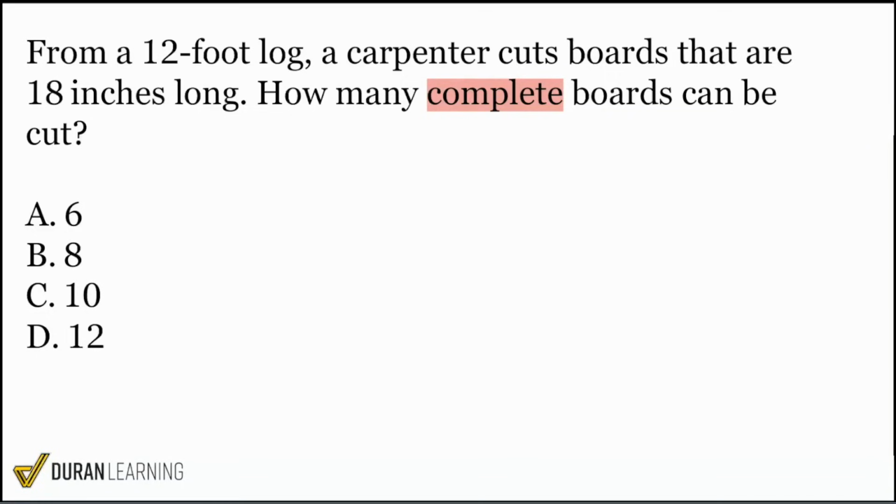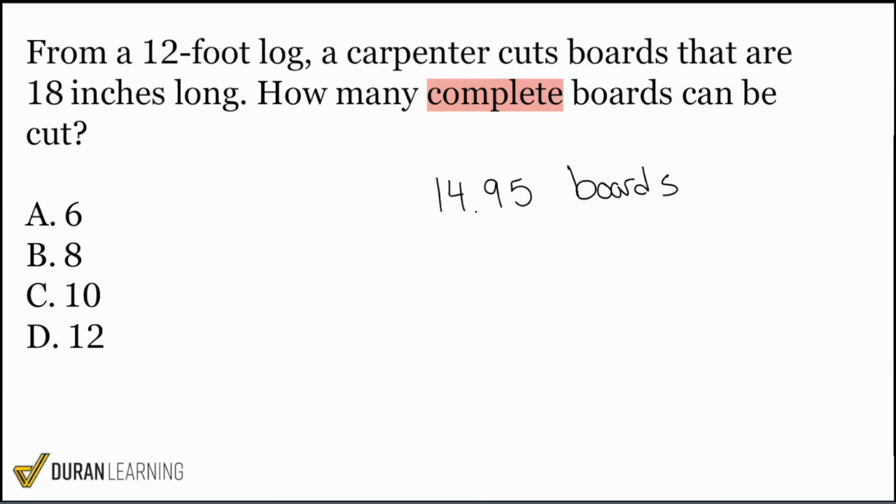So for example, everybody, let's say magically, I'm not going to use one of the answer choices, we get our final answer and it says it's going to be 14.95 boards. After we do all of our math, let's suppose that it says 14.95 boards.